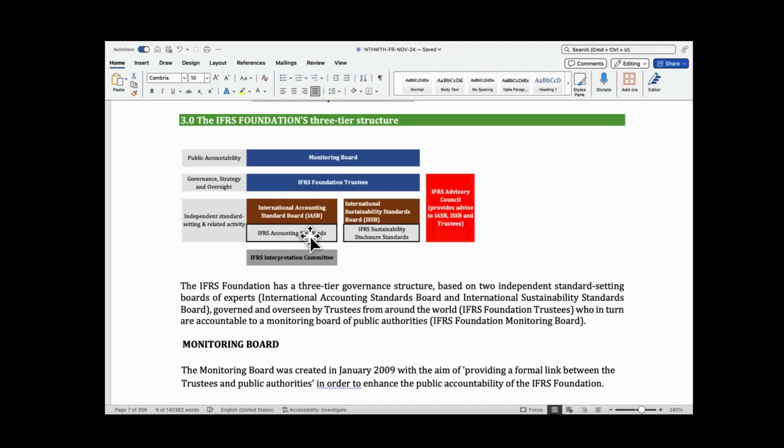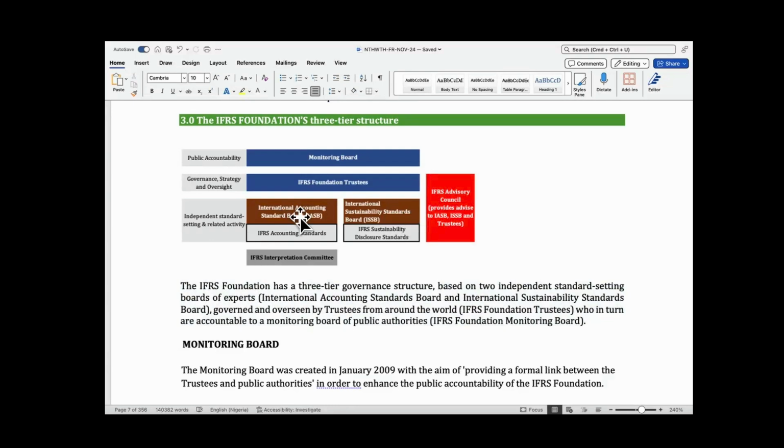Now, let me take them step by step. If you look at this introduction, you would see that this structure is based on two independent standard setting boards of experts, the IASB and ISSB.